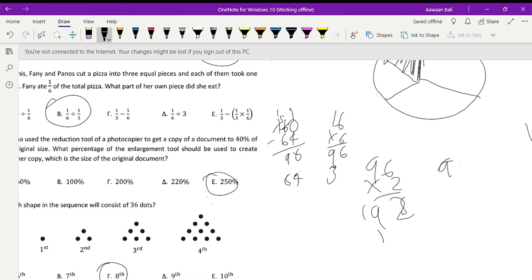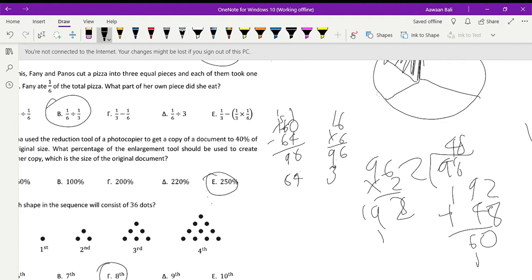However, 96 divided by 2 is 48. 192 plus 48. This is where it gets a bit confusing.